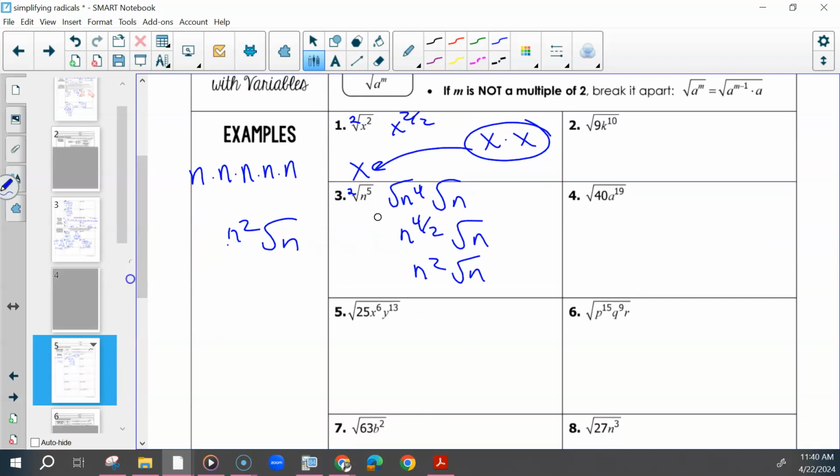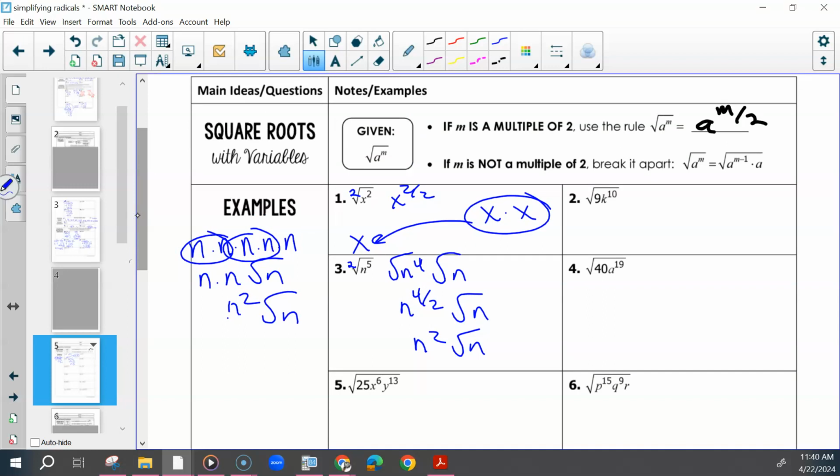It was, but 2 doesn't go into 5 evenly. It goes into 4 evenly, so we made it 4 and 1. If you expanded it, how many pairs of n would we have? 2. Which would be your n times n with 1 left over. So however that makes sense to you, do that.